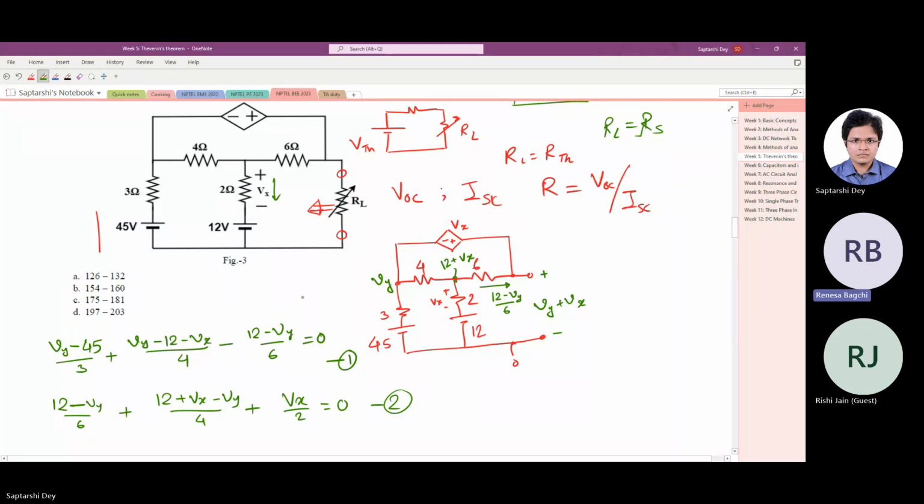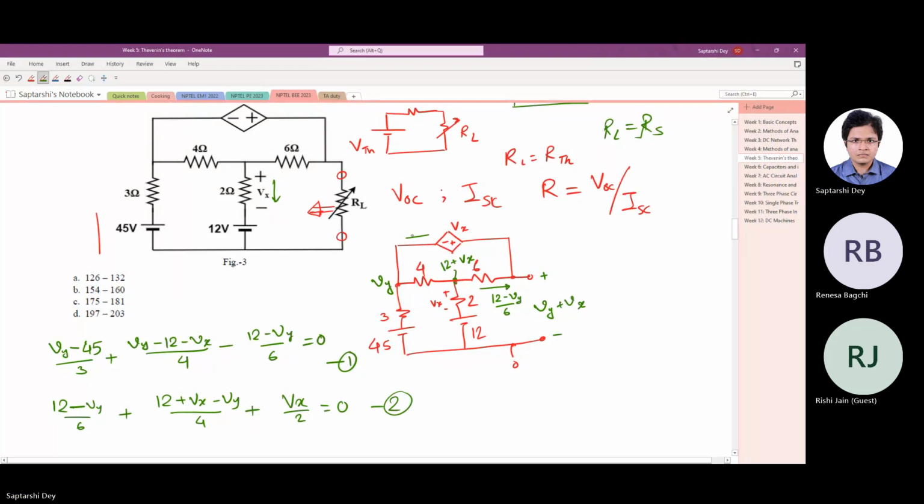V1 minus 45 by 3 plus V1 minus V2 by 4 minus V2 by 6 plus IN is equal to 0, and the other one is V2 minus V1 by 4 plus V2 minus 12 by 2 plus V2 by 6 is equal to 0. Then the equation comes to 7V1 minus 5V2 plus 12IN is equal to 180. So you took one current here because it looks like a super node.